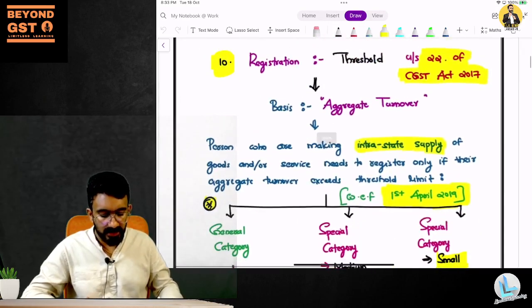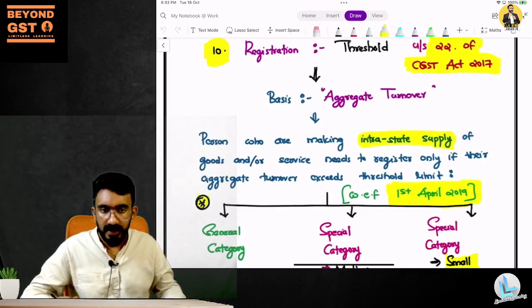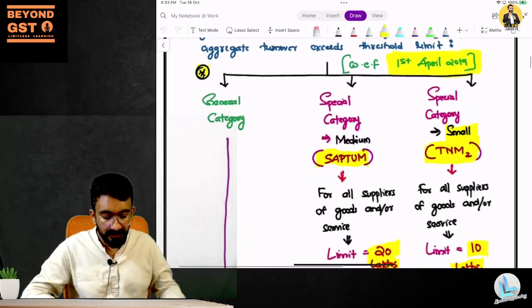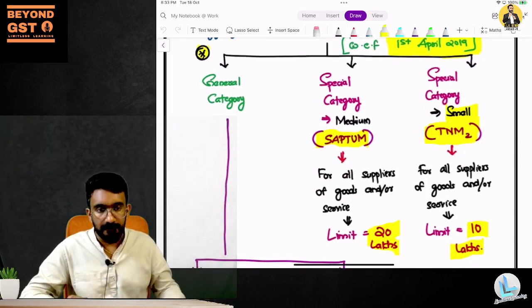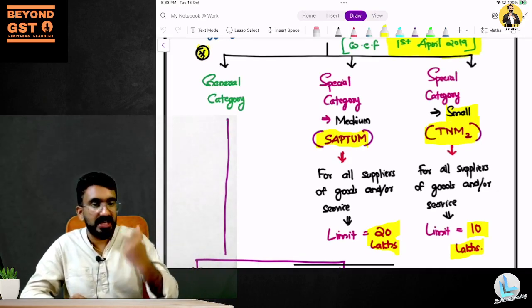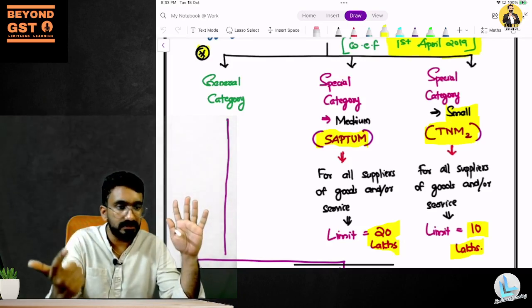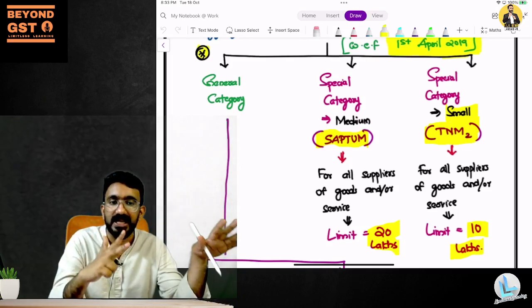Section 22 says that the basis for registration is the threshold limit. Now, the threshold limit is based on aggregate turnover. For that, we are classifying the states into three categories: special category small, special category medium, and general category. Special category small has four states: Tripura, Nagaland, Manipur, Mizoram. What's the limit? 10 lakhs.